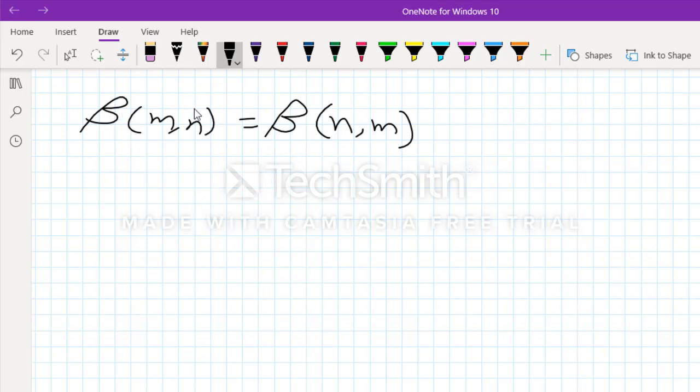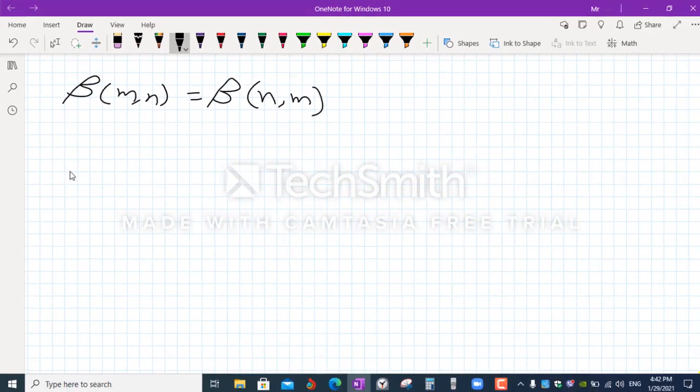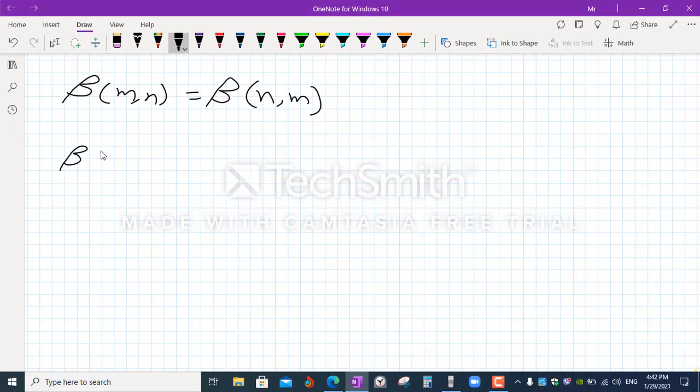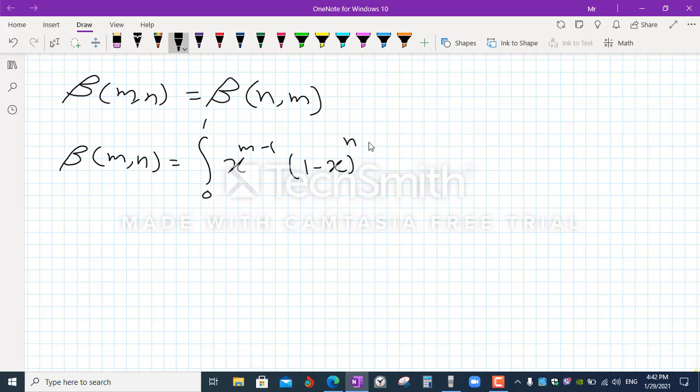We start by writing the formula of beta function, which says beta of mn is equal to the integral from 0 to 1 of x to the power of m minus 1 times 1 minus x to the power of n minus 1 dx. Now the most important part of the proof is this let.